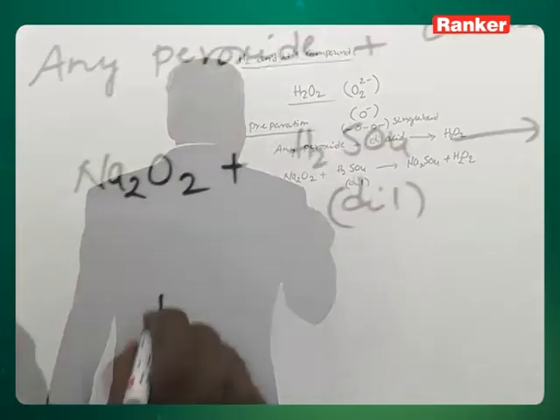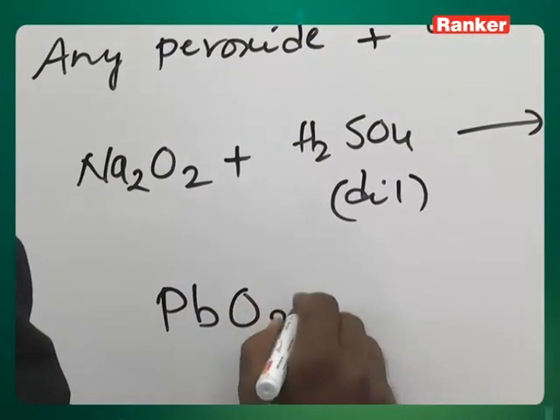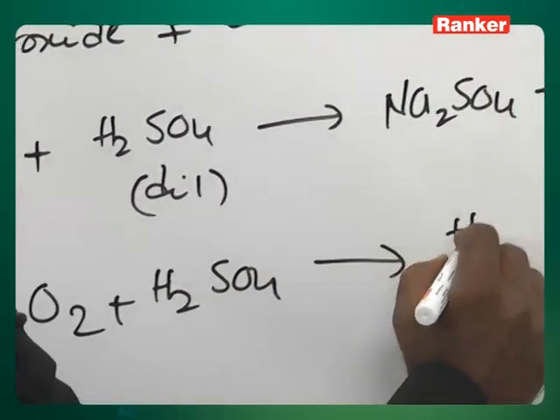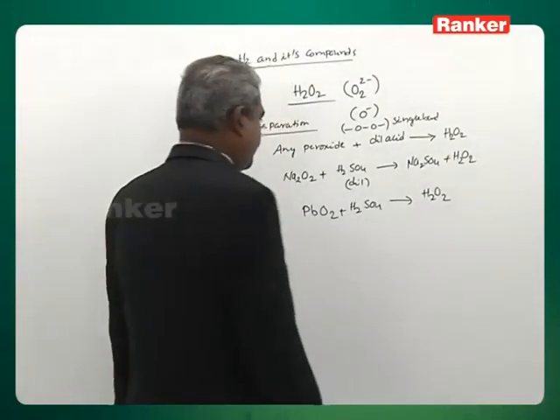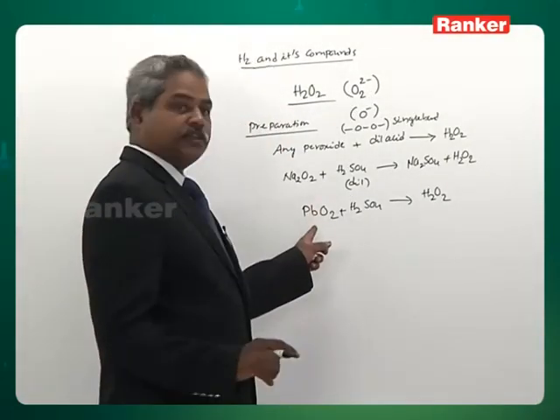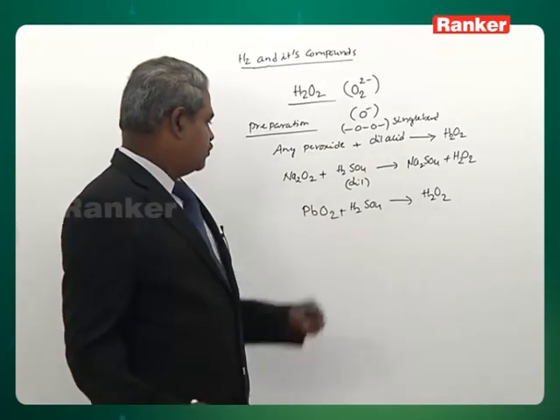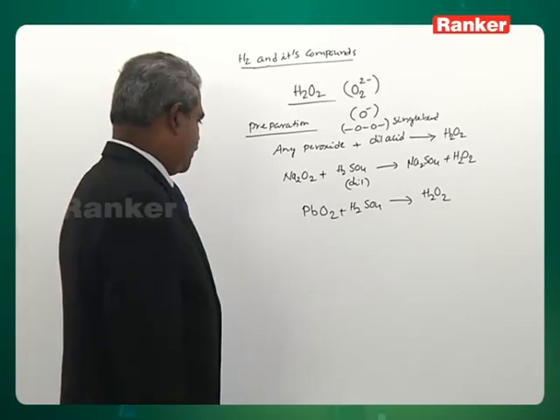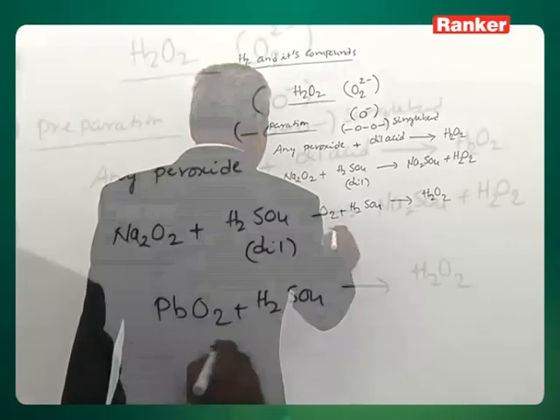PbO2 plus H2SO4. Will you get H2O2? You will if this is a peroxide. But is PbO2 a peroxide? Let us see. Give minus 2 to oxygen, minus 4.